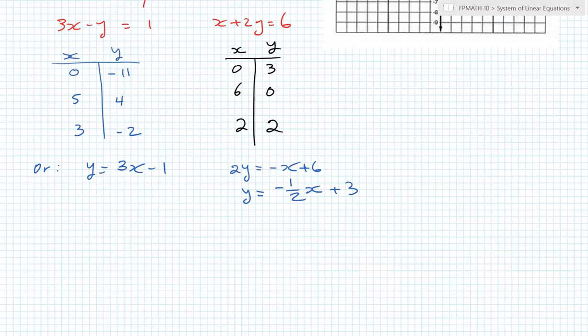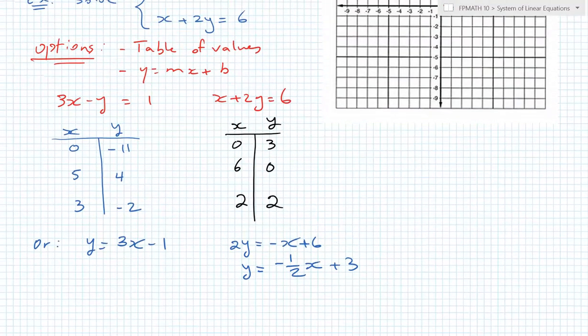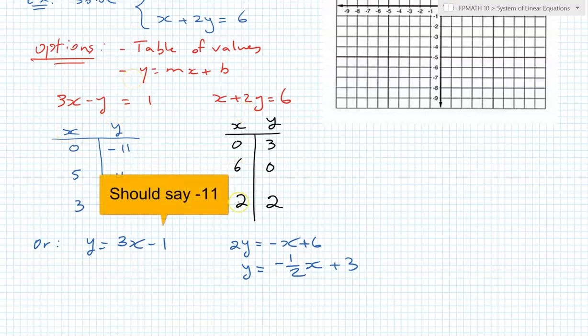Okay, so I went ahead and used the table of values first for each of these. 3 random points, 0, 5, 3 for x for the first equation, and for the second equation, random again, 0, 6, 2. You can choose whatever you want, but spread out enough values of x so that I can get a good set of points to draw a line.